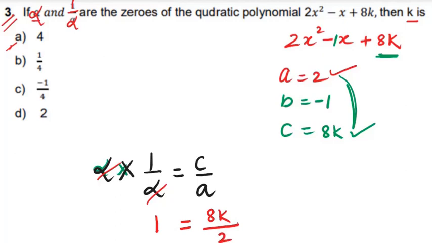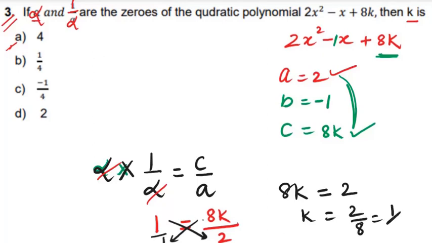Cross multiply and you'll get 8k equals 2, k equals 2 by 8, which is 1 by 4. So the value of k is 1 by 4. This is the correct answer.